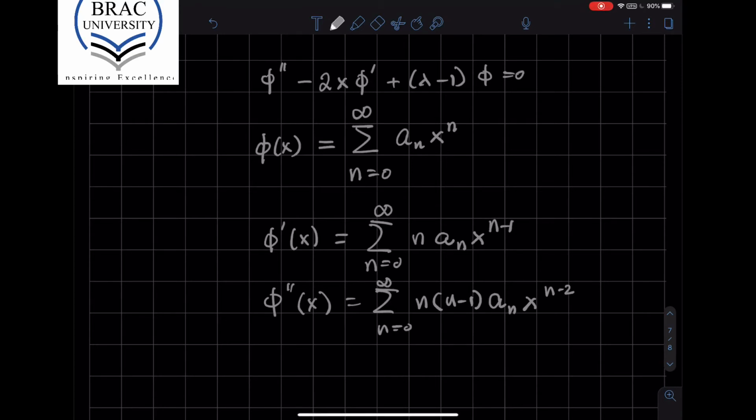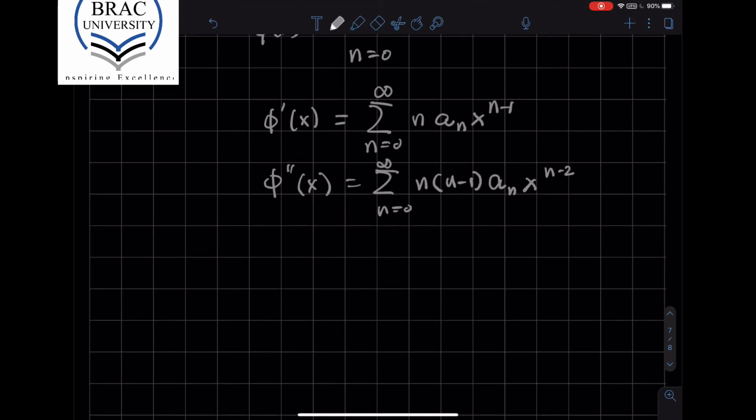Now what we're going to do is insert this into our differential equation, and then we get a sum over n from 0 to infinity. The first term was phi double prime, so we get n times n minus 1 times a_n x to the n minus 2.